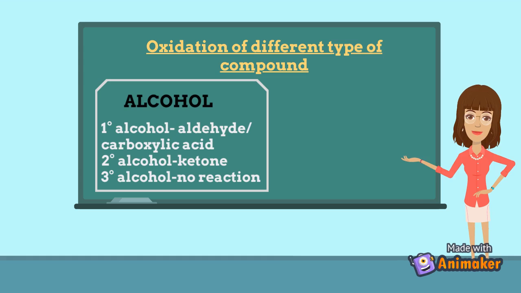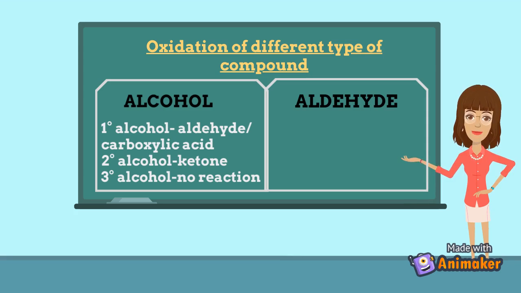For alcohol, the oxidation of primary alcohol can produce aldehyde or carboxylic acid. Then, the oxidation of secondary alcohols will produce ketone, but oxidation of tertiary alcohols will show no reaction. Meanwhile, aldehyde will easily oxidize to carboxylic acid.